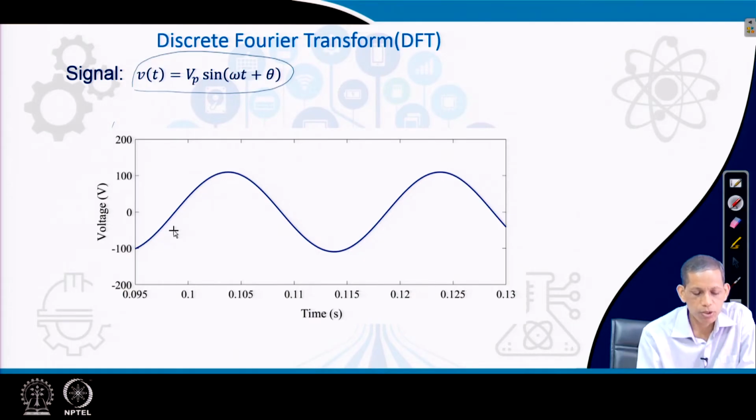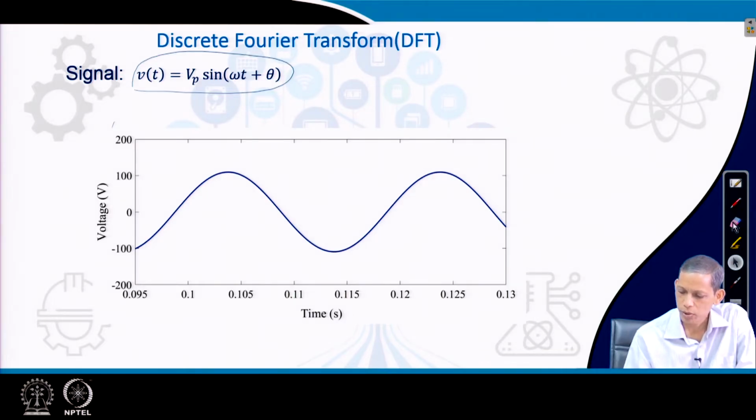With this voltage signal plotted on the time axis, we get the signal like this. The objective is how to extract the corresponding fundamental component, which should be represented in the form of a phasor, and that phasor is used by the relay algorithm.